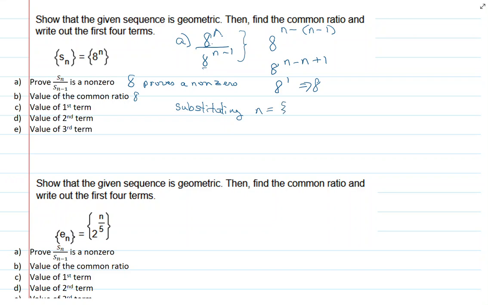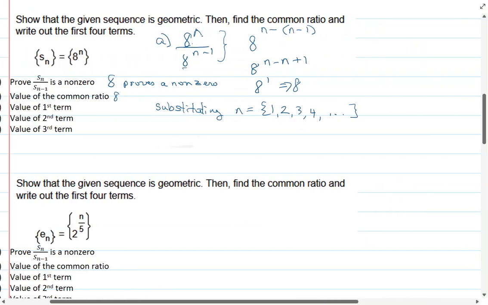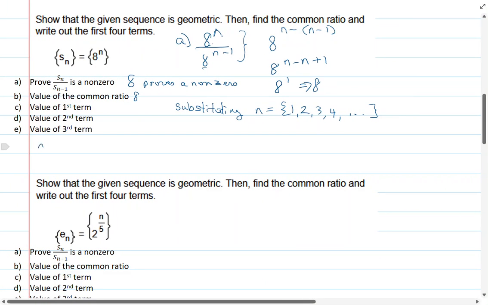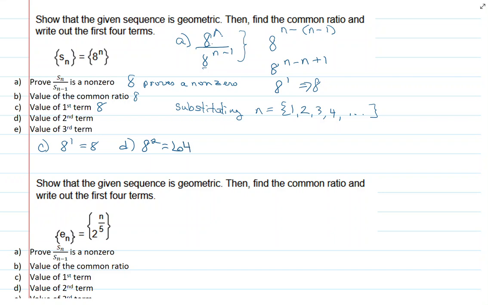n. All right, so in the first term, so if I'm doing that C, the first term, I'm going to have 8 to the 1, which is 8. And then for D, I would have 8 to the 2, which is 64.